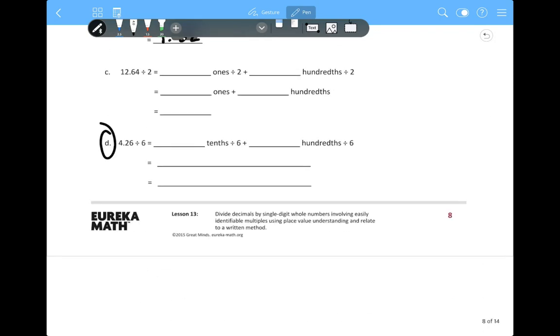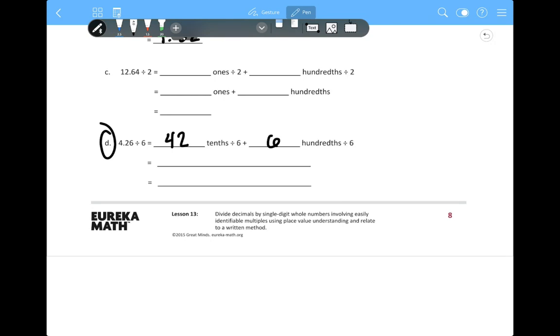For D, it's dividing it into tenths and hundredths. So I've got 42 tenths because there's a 4 in the ones place, a 2 in the tenths place. That makes 42 tenths divided by 6 plus 6 hundredths divided by 6.